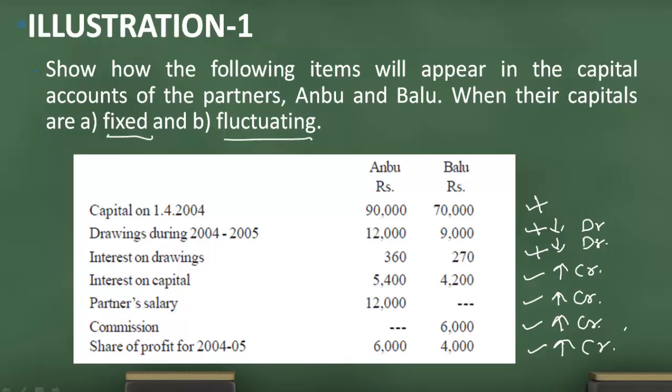So students, understand, in fluctuating capital method all these items will have a bearing on the capital which will either increase or decrease the capital, whereas in fixed, whatever be these transactions, the capital will remain fixed at 90,000 and 70,000 because capital will be kept in a separate account. So first we'll understand the fluctuating capital method. The question says item B, we will do the fluctuating capital first, then we'll do the fixed capital.